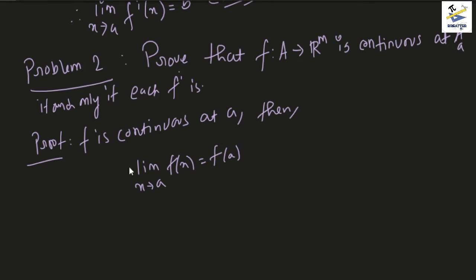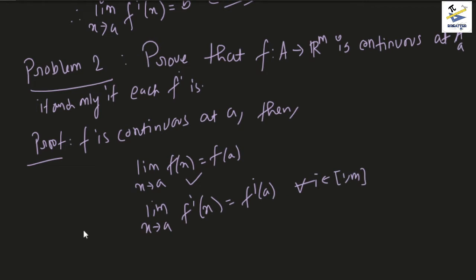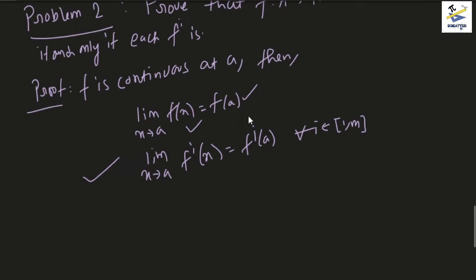And it follows from the previous part that whenever this happens, limit x tends to a, f_i of x is also equal to f_i of a for all i belongs to 1 to m. From the previous exercise we can conclude that, therefore it is true. So this problem is just a corollary, moreover, you need to understand that whenever b is not given, we can instead use f of x equals f of a, right? Okay.